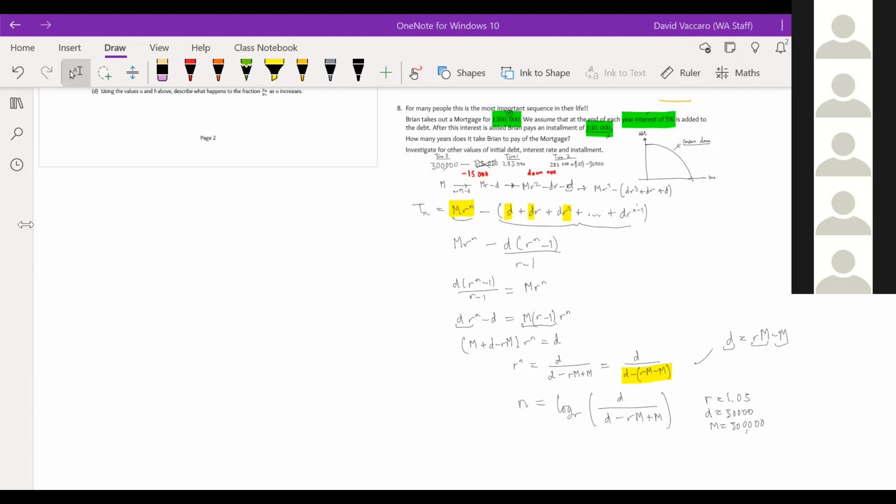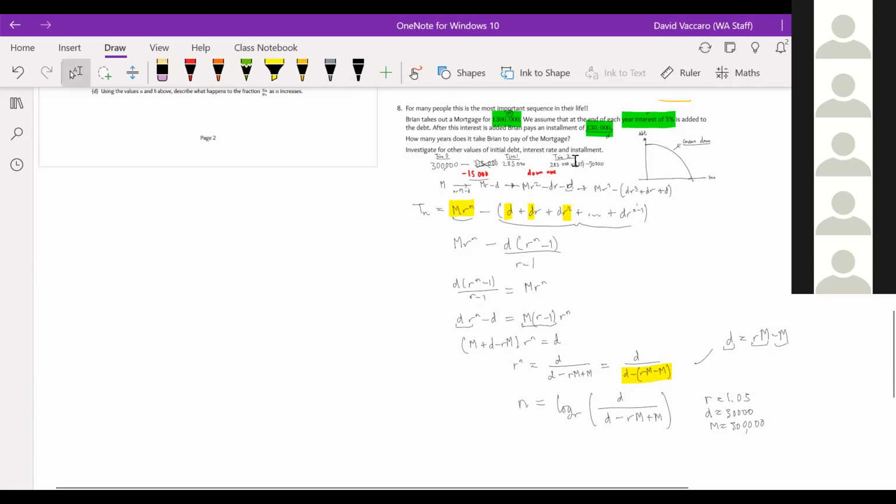Okay, and the answer came out as 14.2 years. Why does that make sense? Well, if there'd been no interest, he would have been paying it off in 10 years because 10 lots of 30,000 are 300,000. We've already seen that the worst possible year was the first year, where the debt only went down by 15,000.